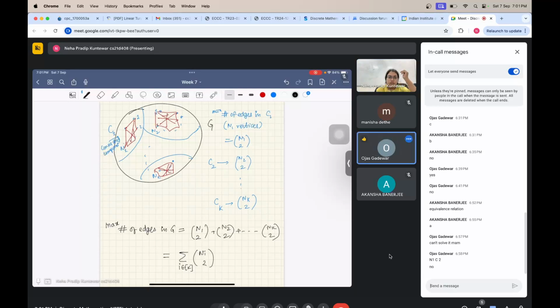Ma'am, what we just found, is this connected to the cardinality of the equivalence set? Cardinality of the equivalence set, yeah, you can say that, but there is no notion of completeness for a relation.